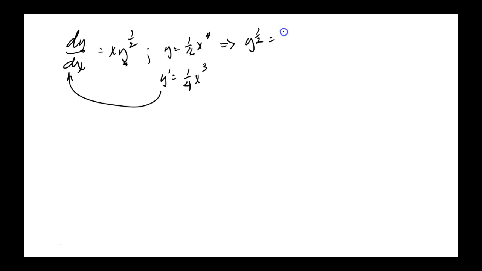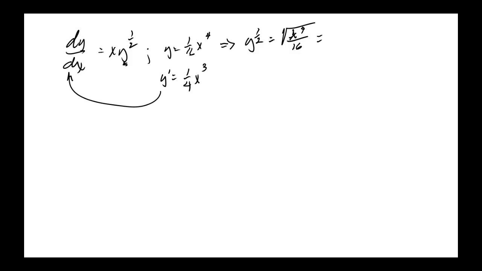Square root of that would be the square root of x to the 4th over 16. And what would that be? X squared over 4. Perfect.